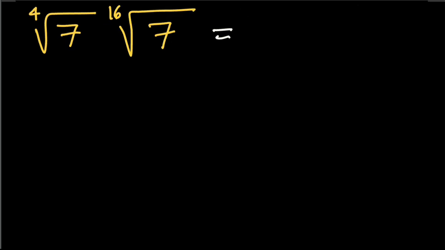How about this one? Fourth root of 7 times 16th root of 7. Now we cannot simplify the fourth root and 16th root of 7 here. So all we have to do is write each radical expression as a rational exponent. The fourth root of 7 can be written as 7 to the 1/4, times the 16th root of 7, which can be written as 7 to the 1/16.